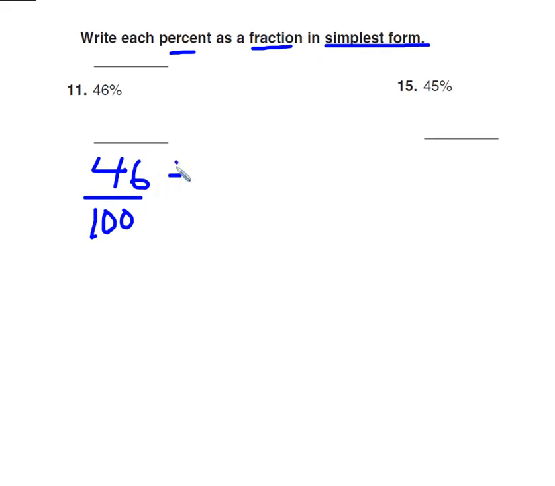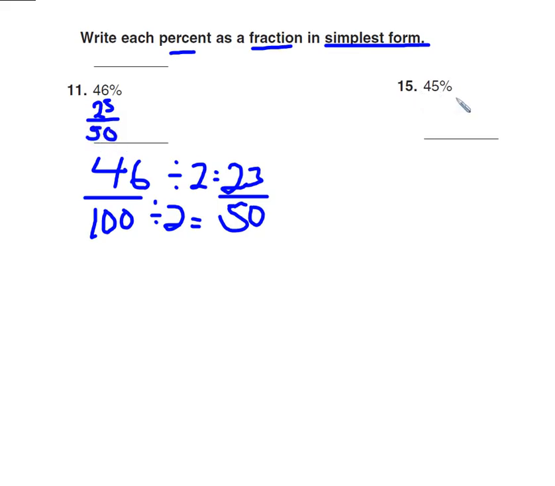So I can divide. 46 divided by 2 is 23. 100 divided by 2 is 50. And can I simplify it anymore? No, I can't. So 46%, as a fraction in its simplest terms, is 23 fiftieths.